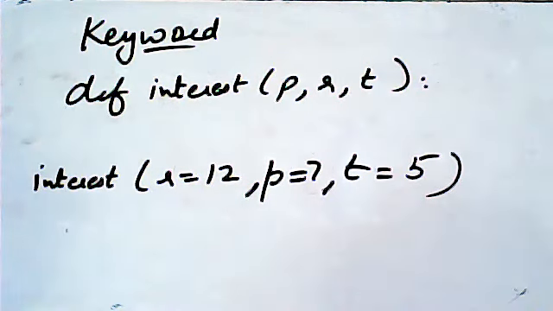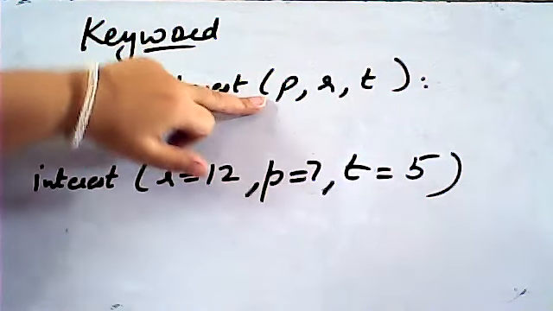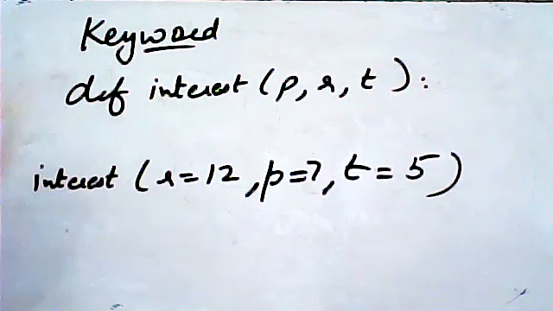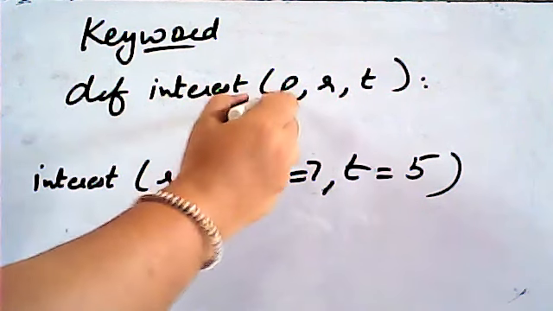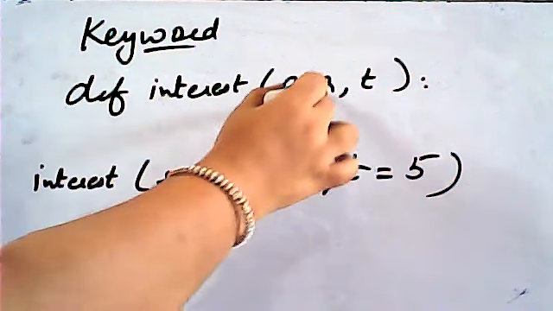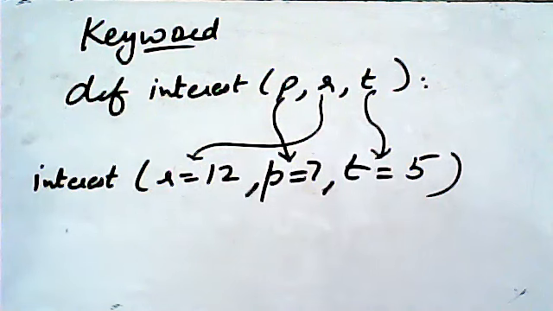So this is the keyword. What do you mean by this? I am just changing their positions. It doesn't mean P goes to this because it is a keyword argument. Where there is P, it will move there only. Where it is R, it will move there. Where it is T, it will move there. This is the keyword argument.